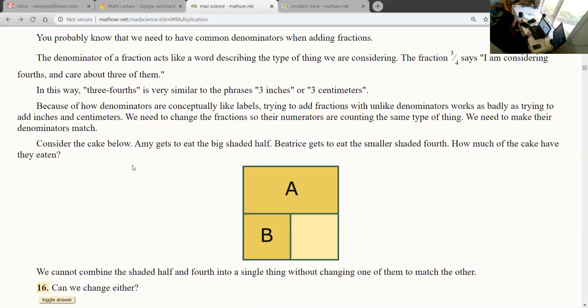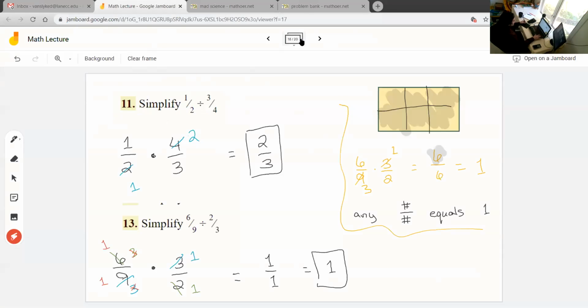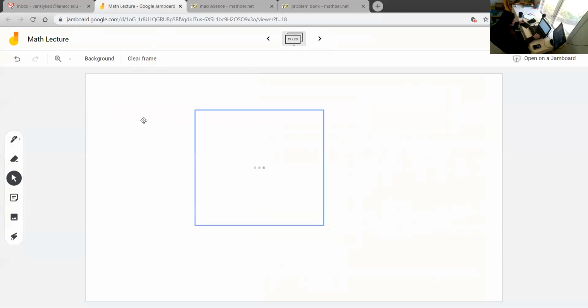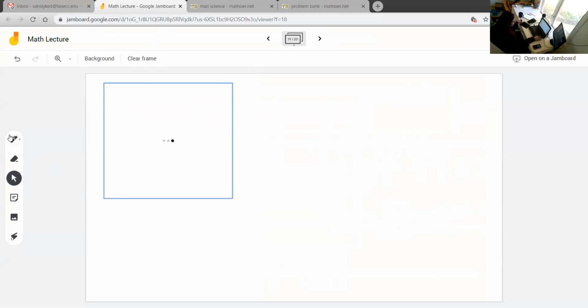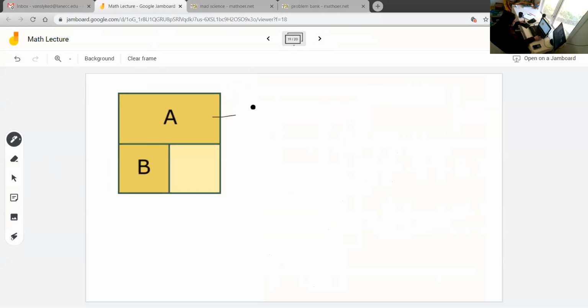So for people who like the pictures, if I have half a cake for Amy and a quarter of a cake for Beatrice, then how much are they eating together? I would have to take Amy's piece and say that it is 1/2, but I can't combine the 1/2 and the 1/4.